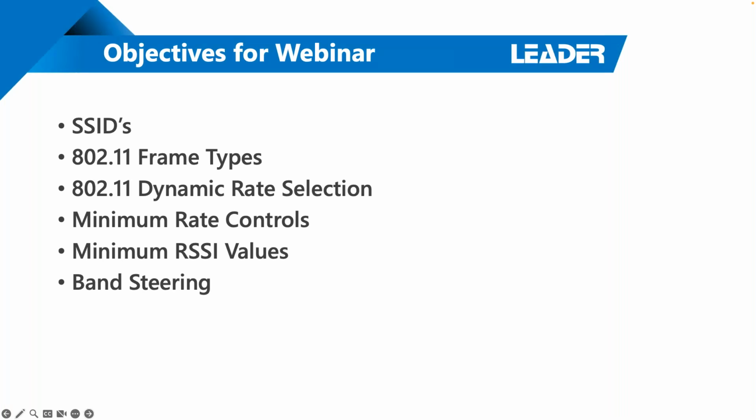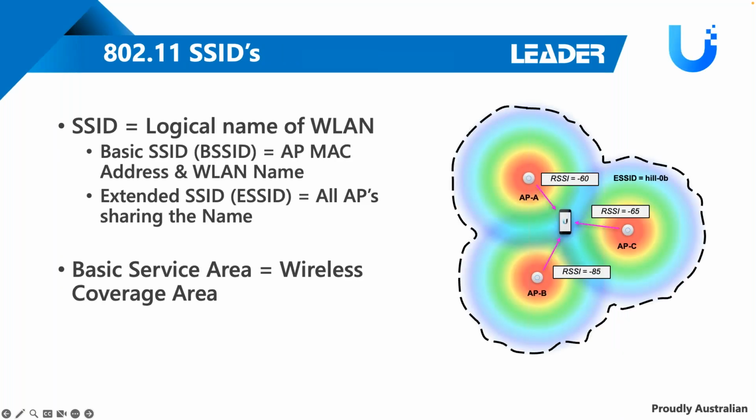It's quite interesting to see how that influences your client devices. We're also going to look at minimum rate controls, which I'm sure a lot of you would have seen in the interfaces, and the minimum RSSI values. And then finally, we're going to look at band steering as well. So that's what we want to cover today. And again, if you have any questions or want me to elaborate more on anything, just shout in the comments.